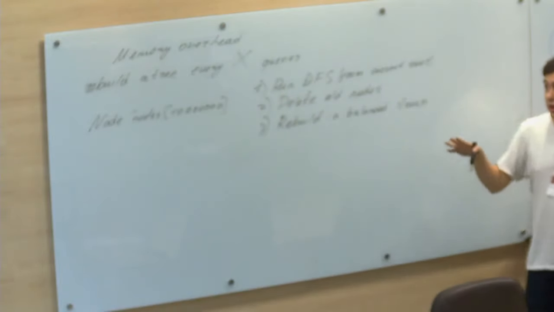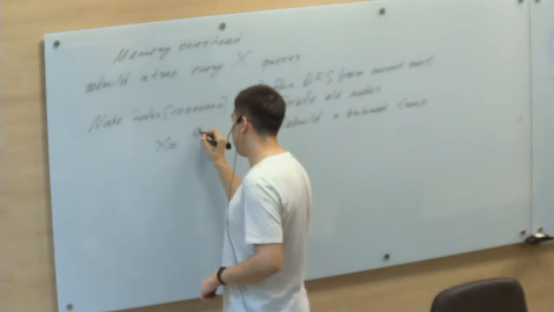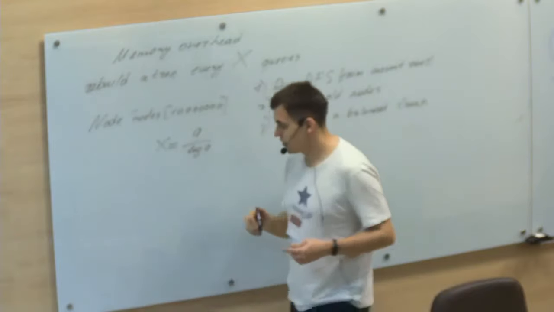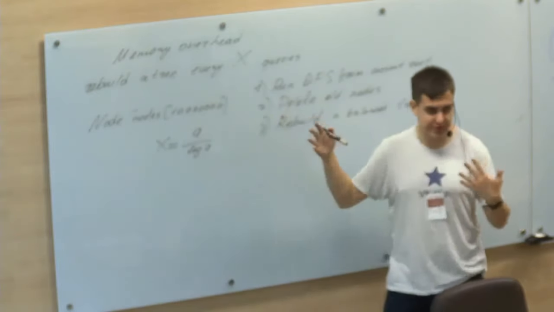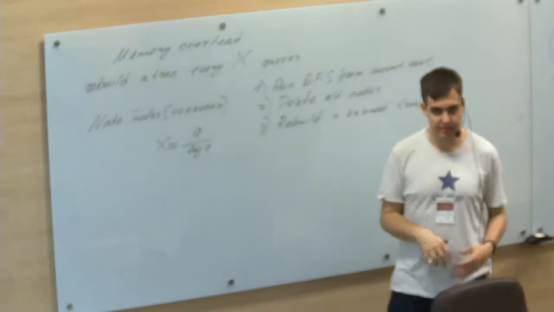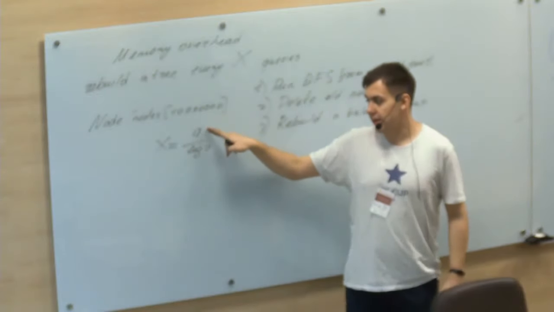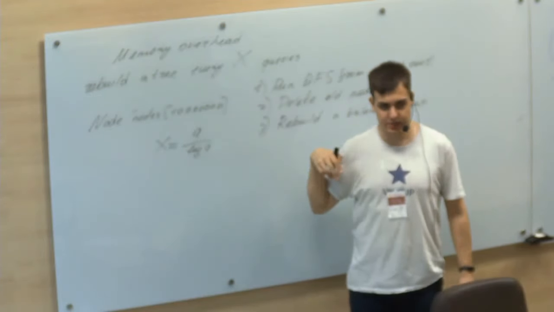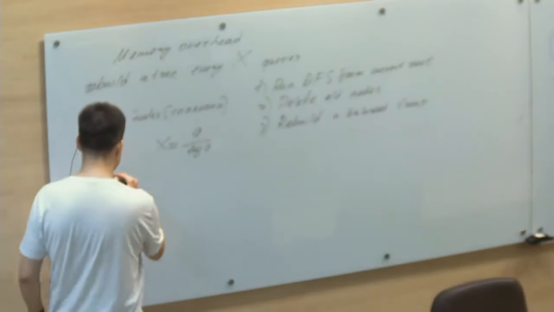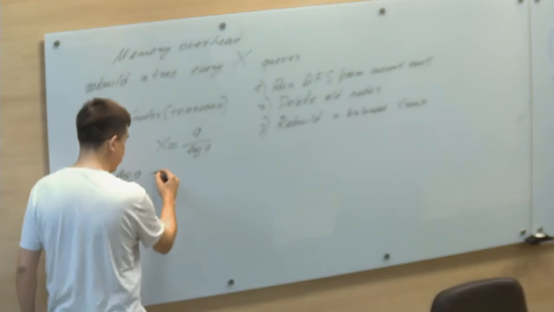So, if we choose x to be about q divided by log q, so if we rebuild, and q is the number of queries or the length of the array, could mean both of these. So, if we rebuild every q divided by log q operations, this means that we will have about log q rebuilds.